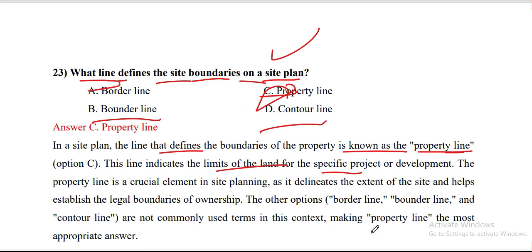The property line is a crucial element in site planning as it delineates the extent of the site and helps establish the legal boundaries of ownership. Other options, border line, boundary line, and contour lines, are not typically used in this context, making property line the most appropriate answer.